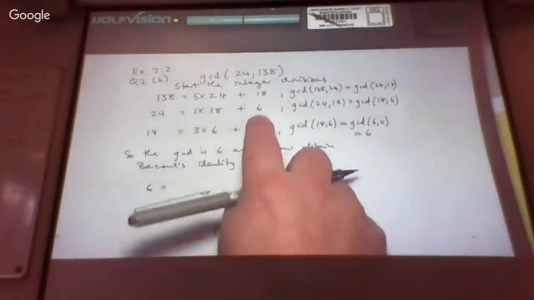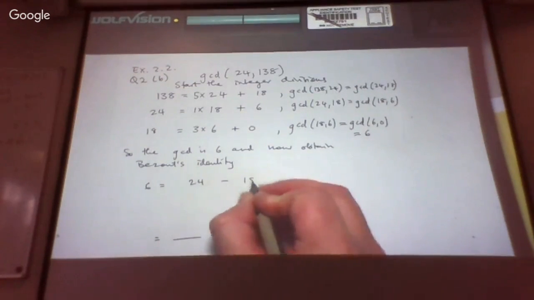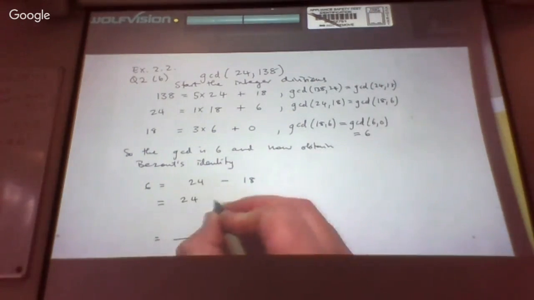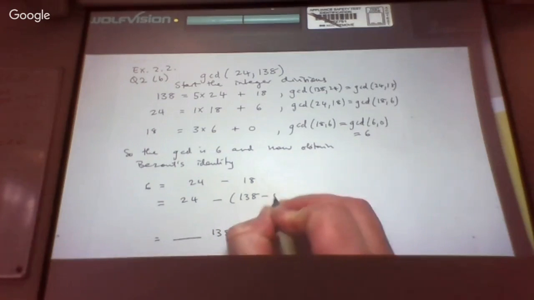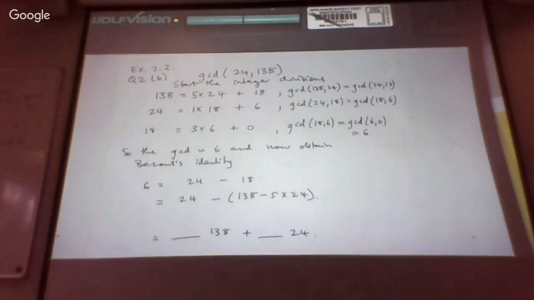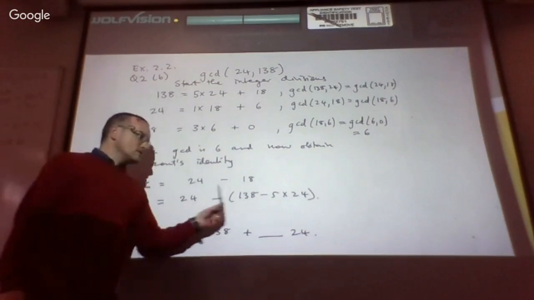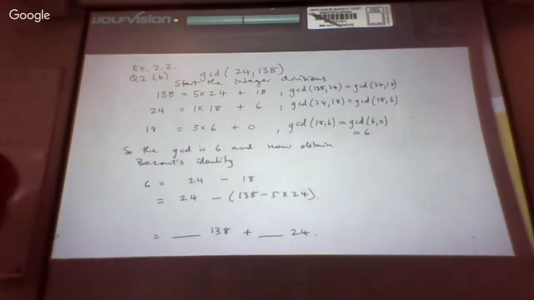But we start at the second last one. This tells us 6 is 24 minus 18. And then we use this one to replace the 18. So it's minus 18, so it's minus (138 minus 5 times 24). As I say, you don't evaluate these things, you just go backwards and collect the terms.